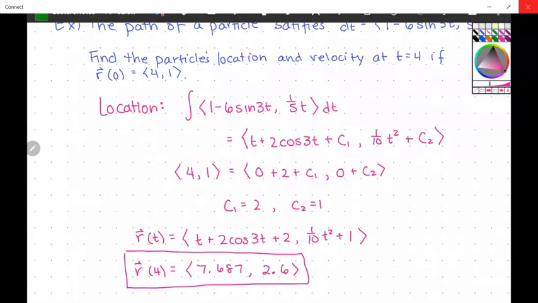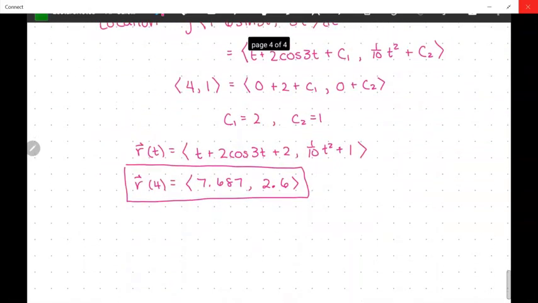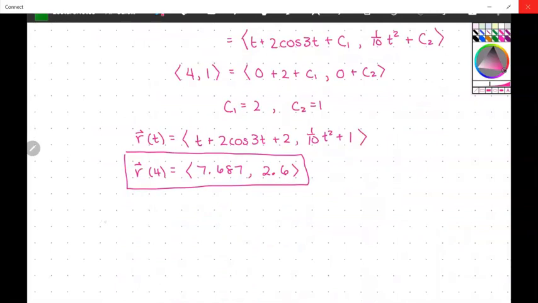Derive. And they've already told us what the derivative is. So all we actually have to do is let t equal 4. So we're going to take dr/dt and evaluate at t equals 4, and that will give us a velocity vector.